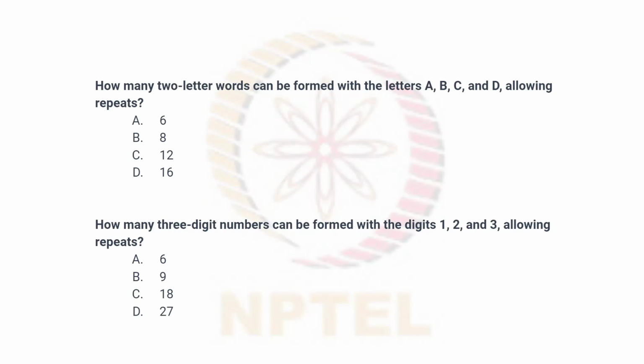First, answer the top one. How many 2-letter words can be formed using letters A, B, C, D, allowing the repeats?